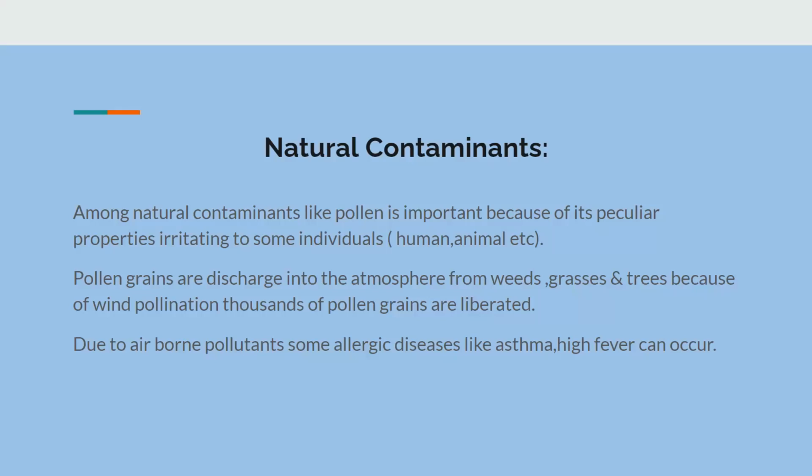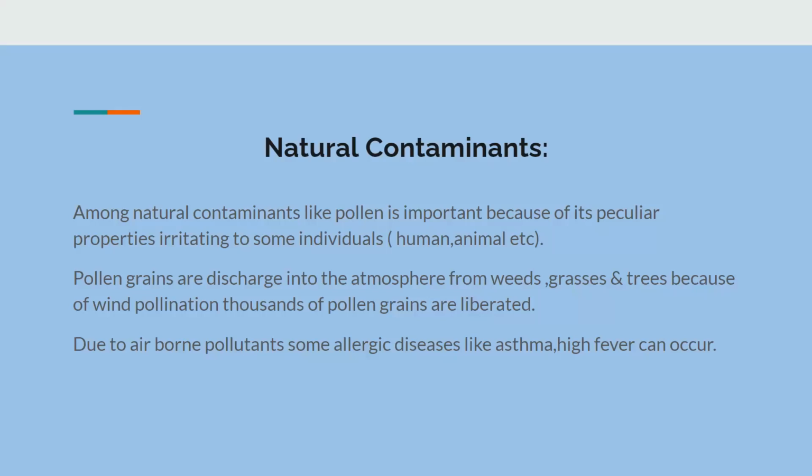Then pollen grains are discharged into the atmosphere from weeds, grasses and trees because of wind pollination. Thousands of pollen grains are liberated. It means there are numerous pollen grains present in air. We can't see them with our own eyes, but they can flow in air freely.